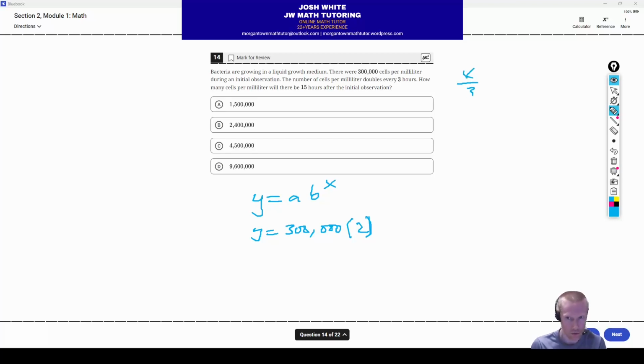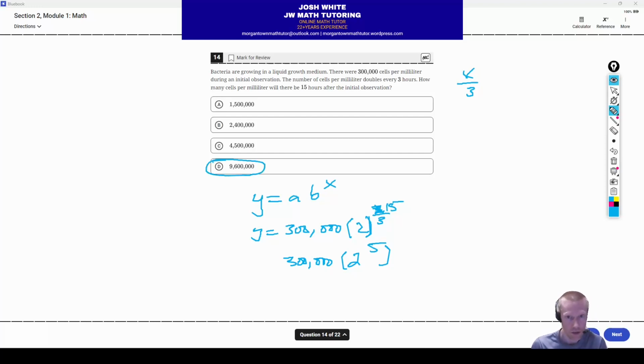The way you set it up is as x over 3, where x is the number of hours, because every 3 hours you would get a doubling. And then what you would plug in for x would be 15. So you end up with 2 to the 15 divided by 3, and then that gets multiplied by 300,000. This works out to 9.6 million.